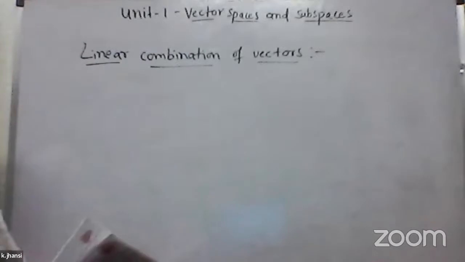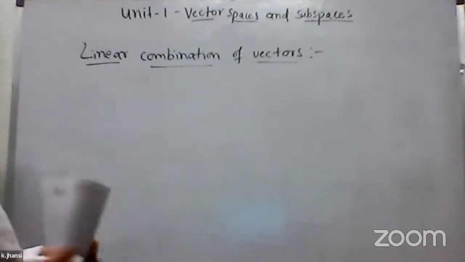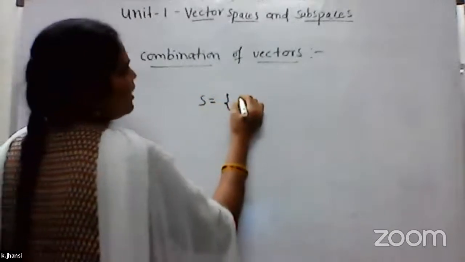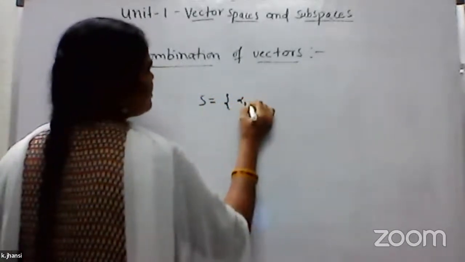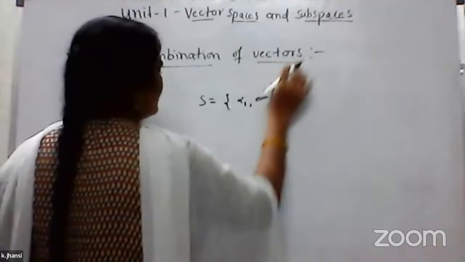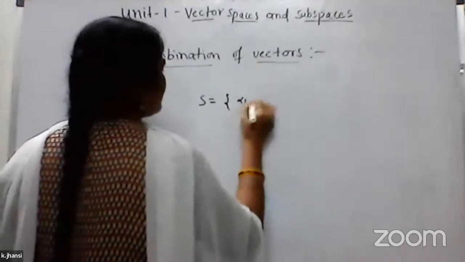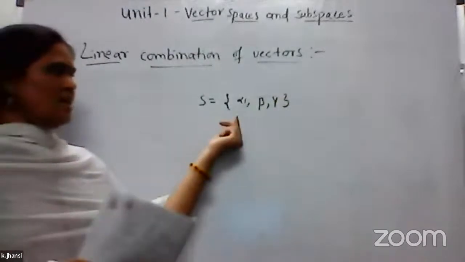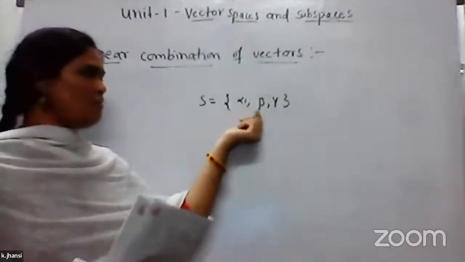Linear combination of vectors means, as we have seen already, any set S is there. Take the elements as alpha, beta, gamma.